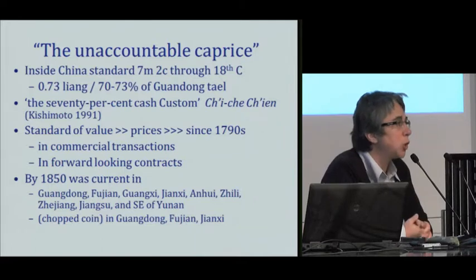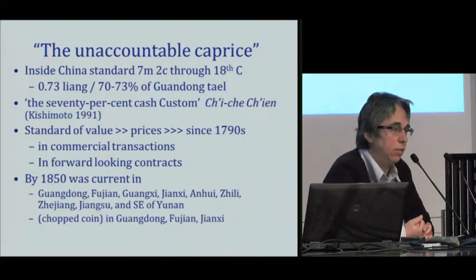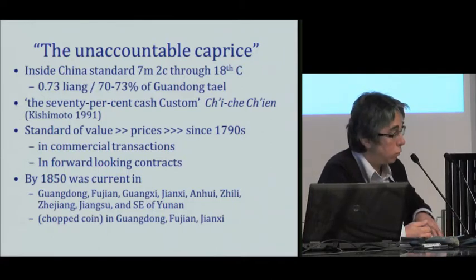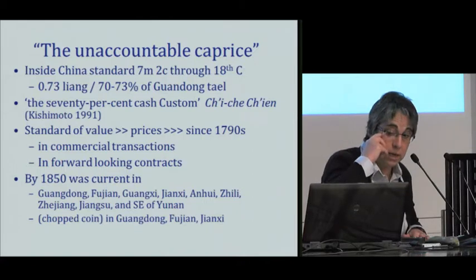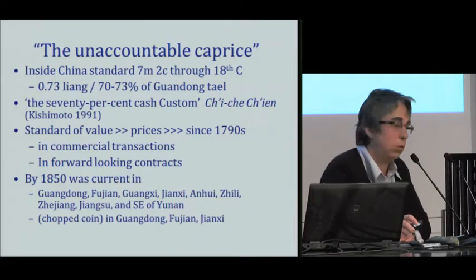And these chopped coins, we will talk about this if you are curious later, are also current in the more southern regions and where the ports are, like Fujian, Jiangxi, and Guangdong.